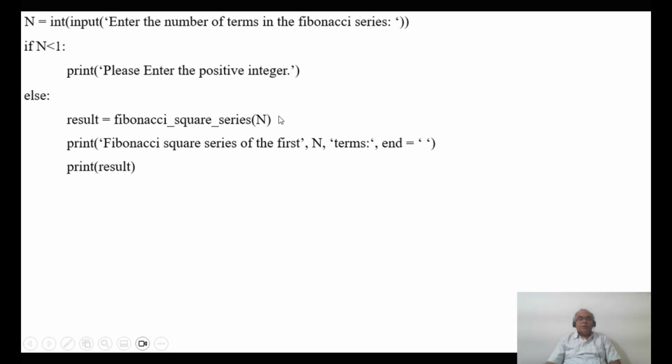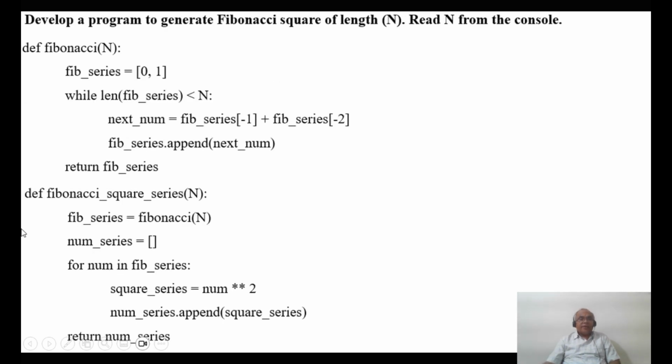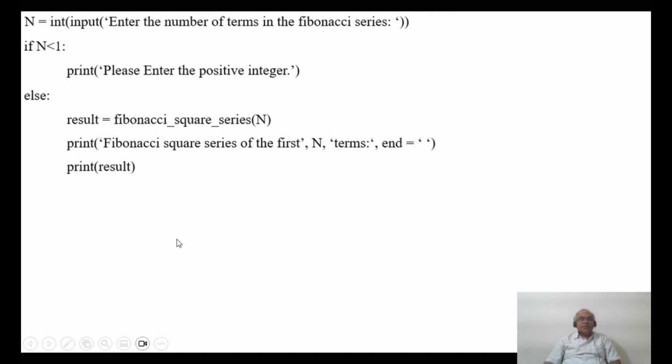And once it comes, it comes directly to this. So here, that is what we are saying, Fibonacci square series n number. So what is the return value? The return value of the num series is this value, what I am trying to return. So once you do that, give the print function to print the numbers after getting the square.